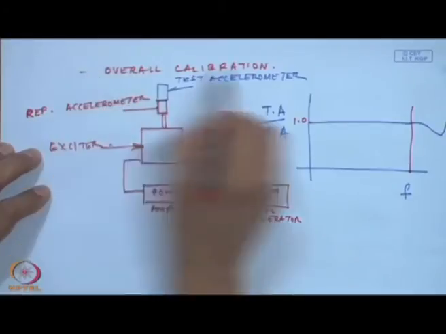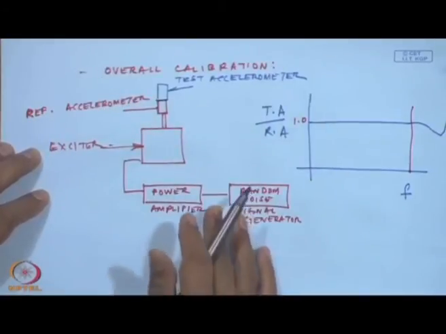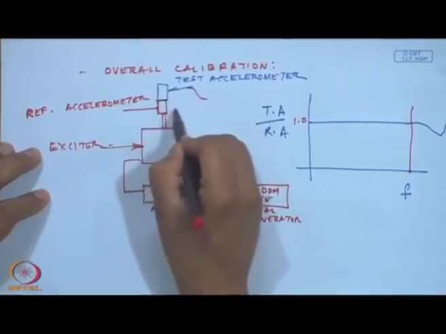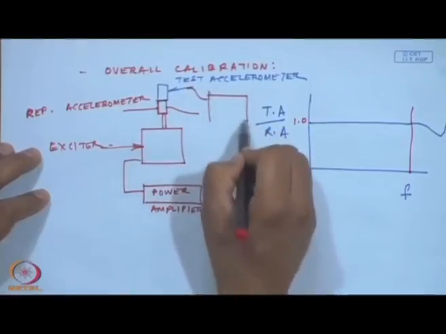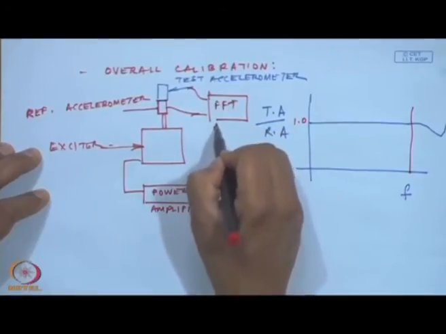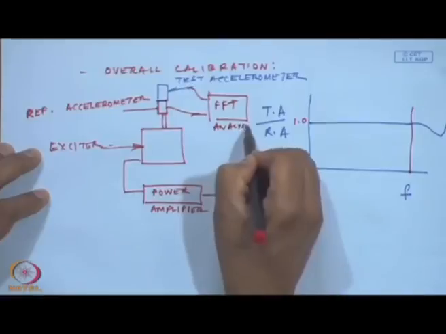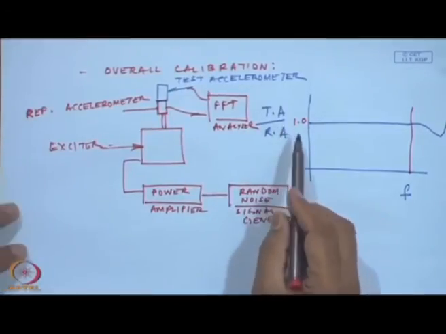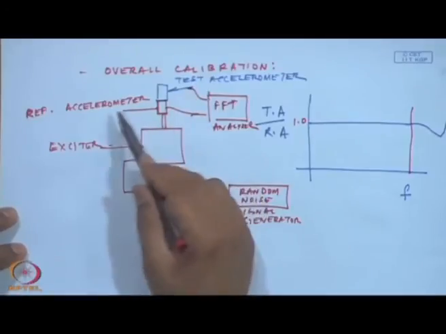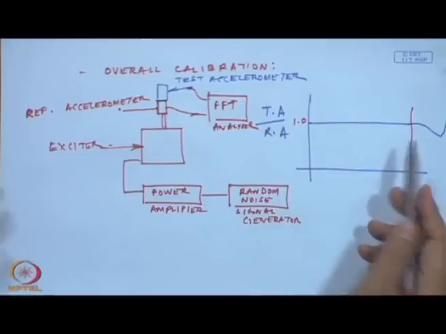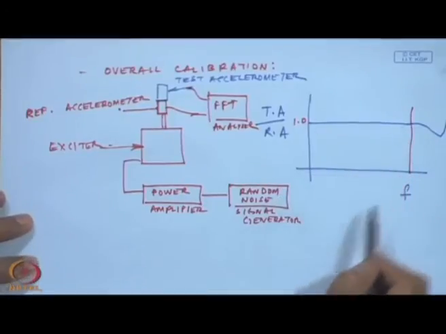So, this kind of calibration we cannot do in the field. Of course, these two signals have to be fed to an FFT analyzer, of course, important. Okay, and you just see the transfer function between this accelerometer and this reference accelerometer, divide one by the other, they should be the same, and that is why you will get this one value of 1.